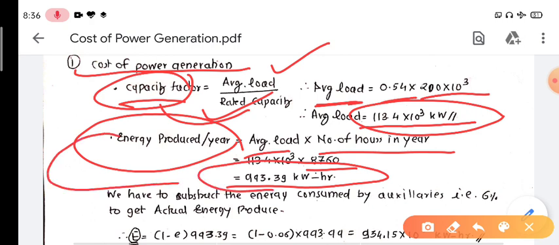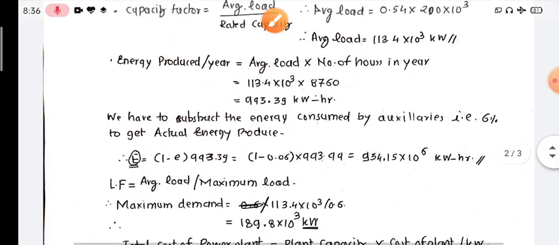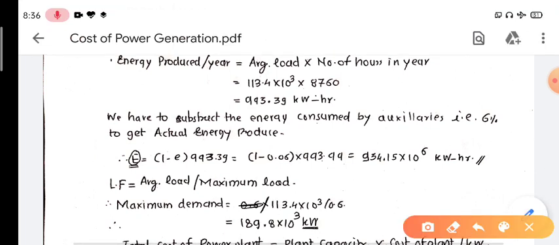This is the energy produced by the power plant, but we have to subtract the energy consumed by the auxiliary equipment, which is 6%. So the actual energy produced will be (1 minus 0.06) into 993.39, which will be 934.15 into 10 raised to 6.